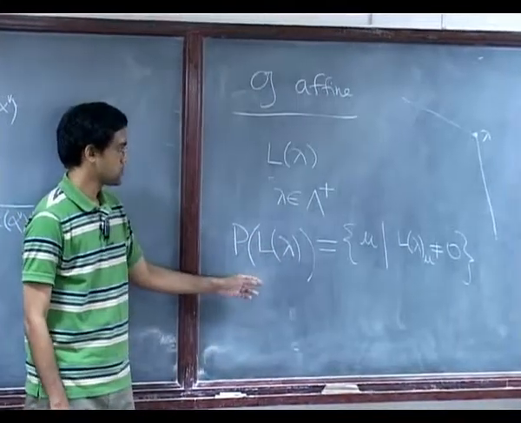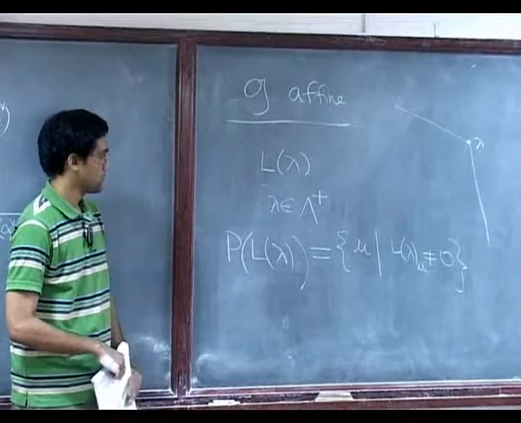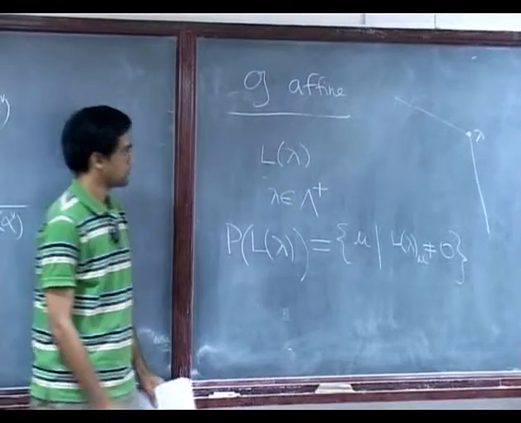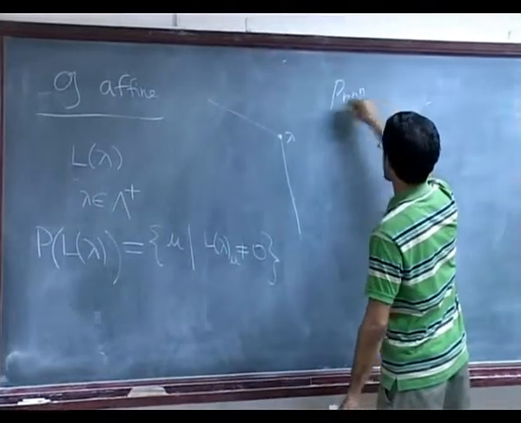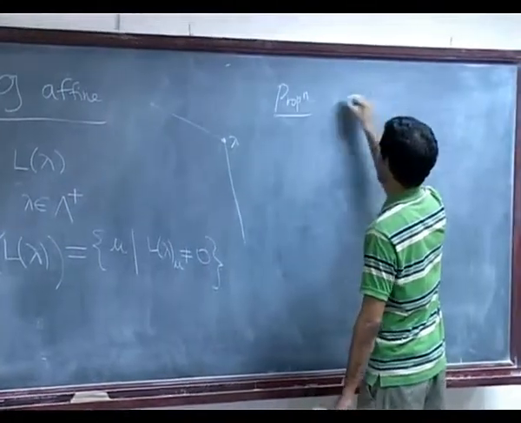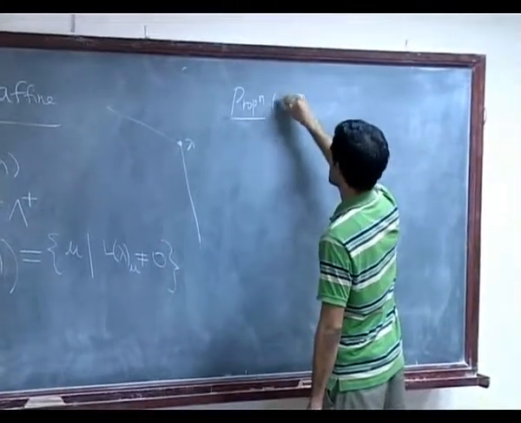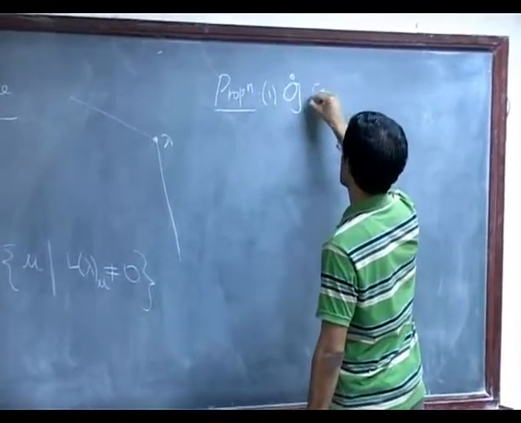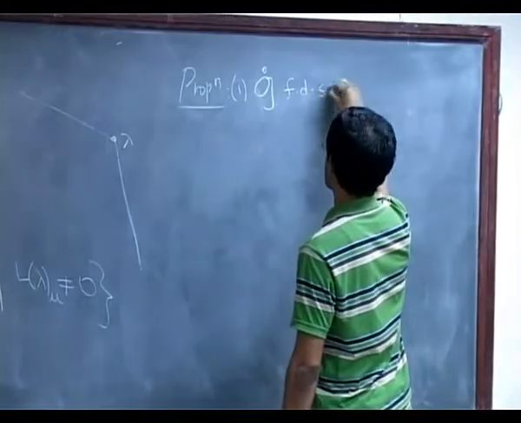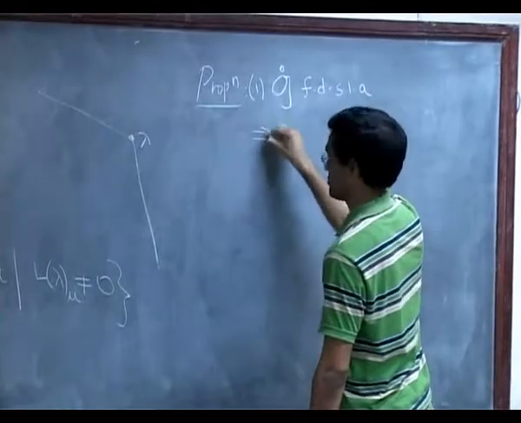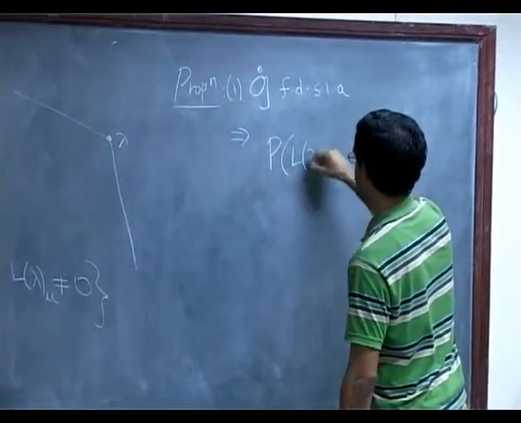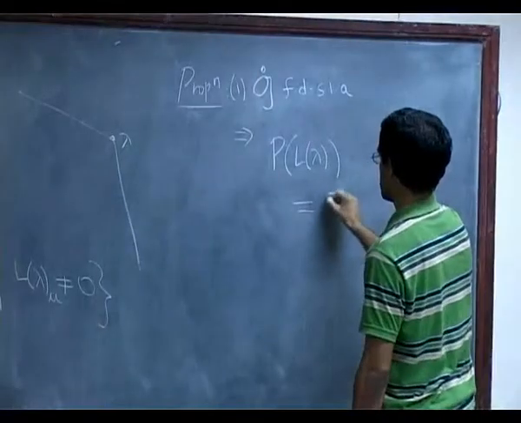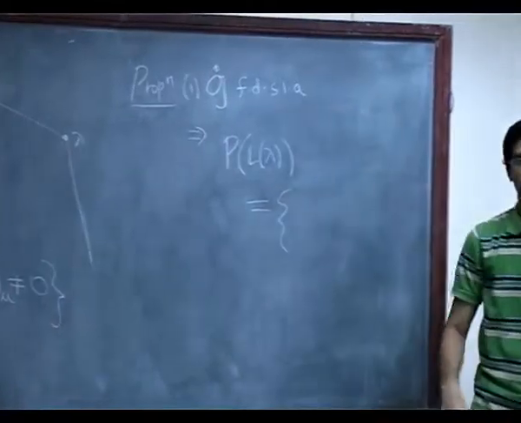Well, the situation in the finite dimensional case is that you just have to look for, so let's state it as a proposition, at least if G is a finite dimensional simple Lie algebra, then the set of weights of this highest weight representation. So one uses facts about how the Weyl group acts.